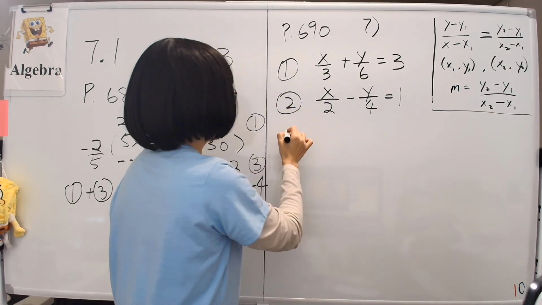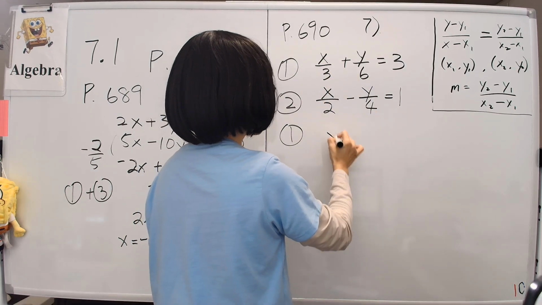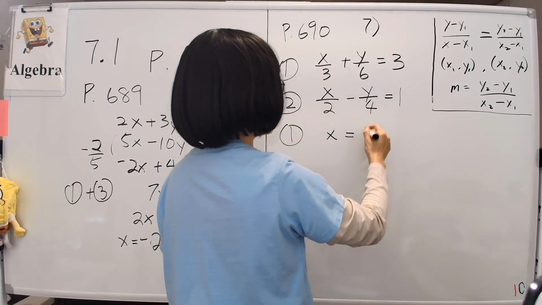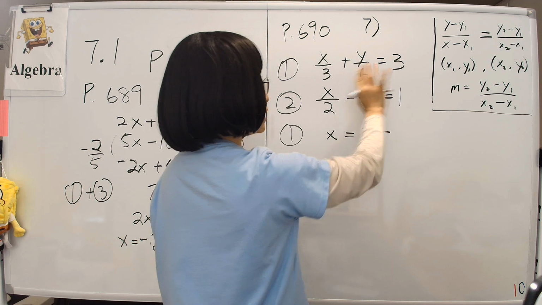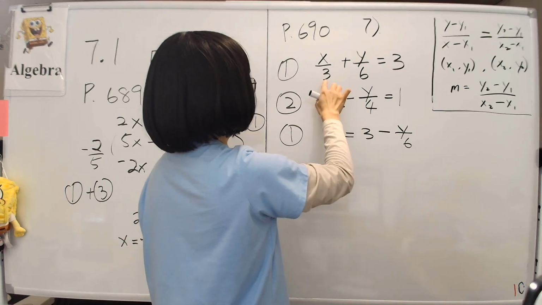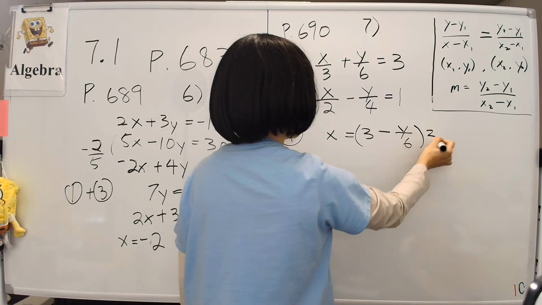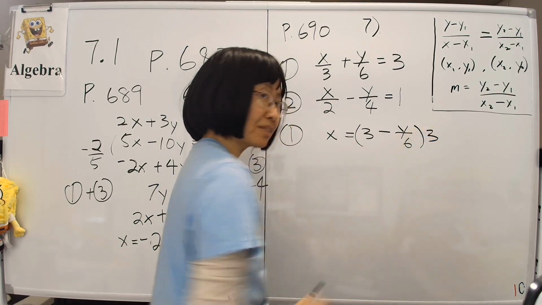Now from equation 1, let's solve for x. What's x from equation 1? x will be equal to, first we move y to the other side, so 3 minus y over 6, right? And then x is divided by 3, so we multiply by 3. Push the 3 across the equal sign to the top.